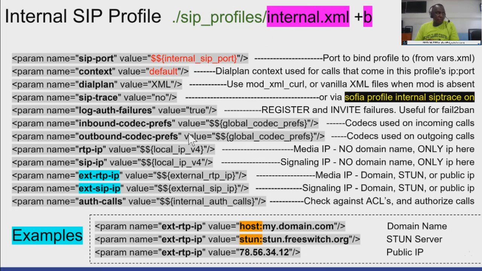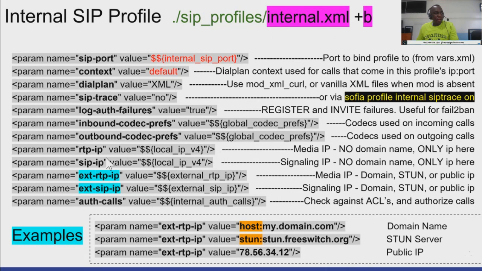You set that value. Do you want to log authentication failures? Which codecs do you want to use for this particular SIP profile? These are things you define, and of course you see we are referencing the global codec preferences that were set inside vars.xml. Then we also define the RTP IP and the SIP IP, and in this case we are saying use the local IPv4 IP of your server.